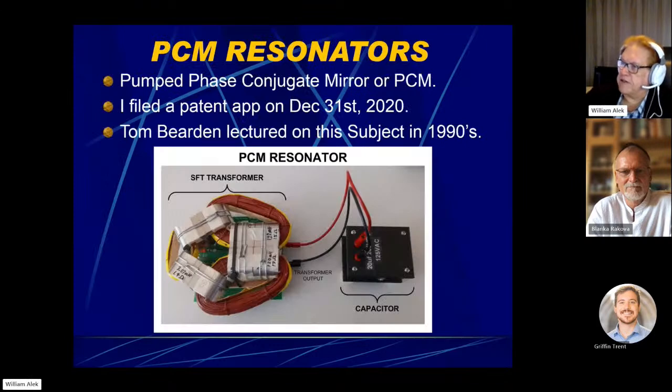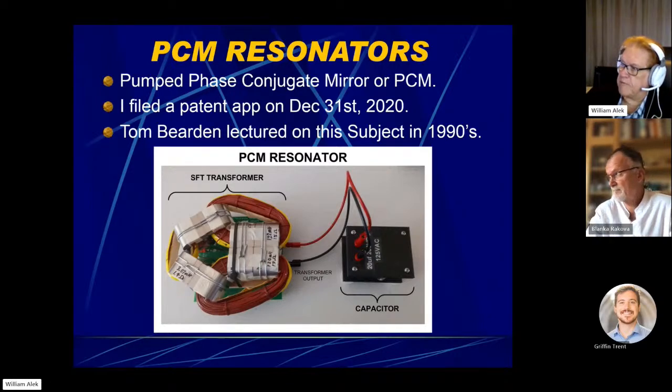All right, so what do these resonators look like? Well, here's an example. This is my split flux, what I call the split flux transformer. And so you have an input and then two output coils. And this is what sets up your convergence in these devices. And so the output is driving a capacitor. And of course, there's going to be a load resistor on the output.